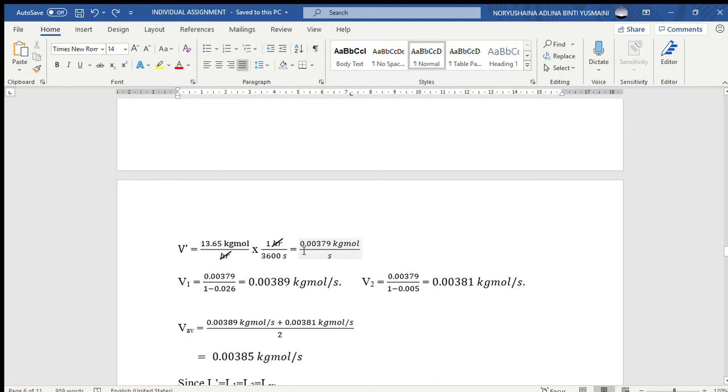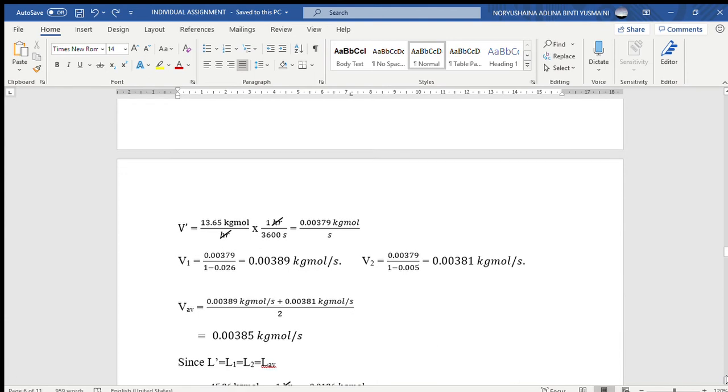So as I got the value for V prime, I substitute into the V1 equation and the V2 equation. For V1, we use the value for YA1, and for V2, we use the value for YA2. And finally, I got the value for V1 is 0.00389 kilomole per second, and V2 is 0.00381 kilomole per second.